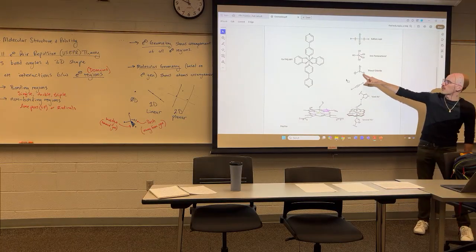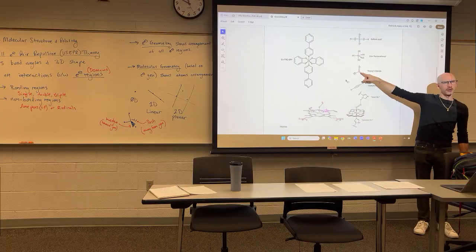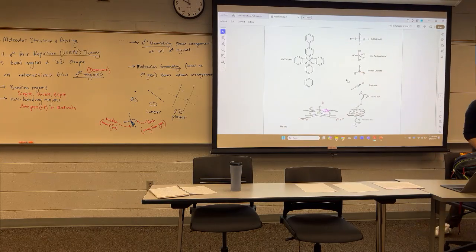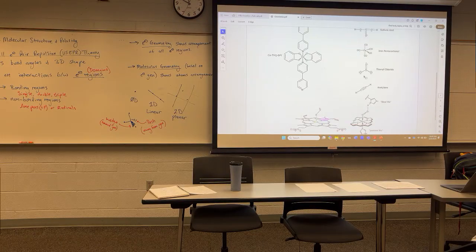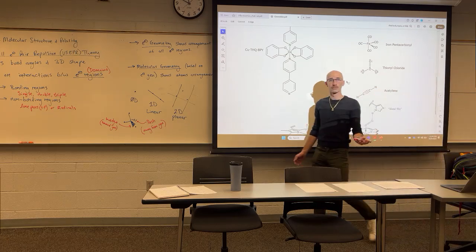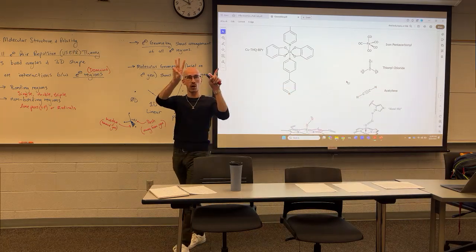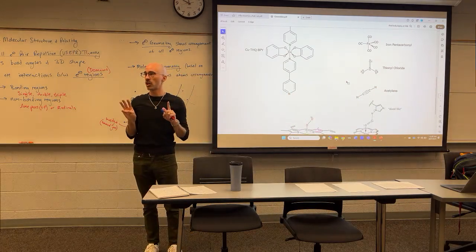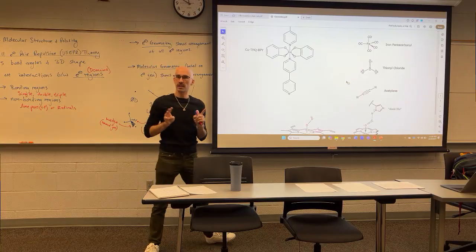Let's look at the sulfur in thionyl chloride, SOCl2. How many electron regions do you see on this sulfur? 4. 3 bonding regions, 1 lone pair. So its electron geometry, tetrahedral.